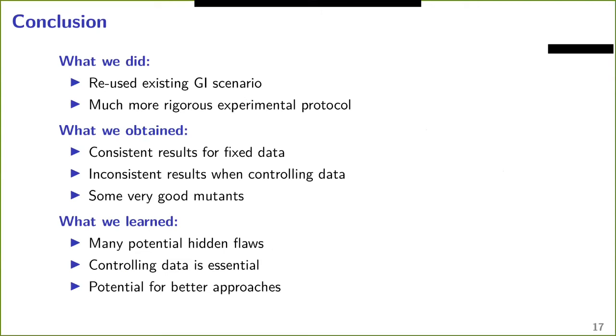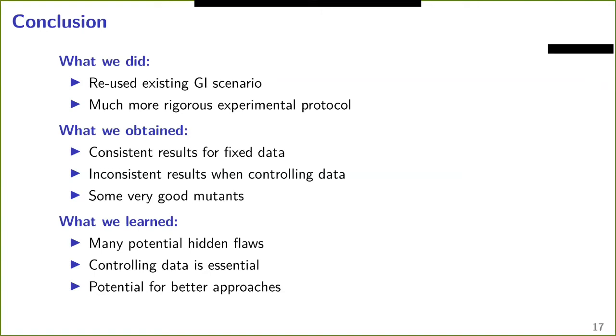We obtained very consistent results for fixed data, but these results were inconsistent when we tried to control which instances were used for training, validation, and test. However, in all cases, we still obtain very good mutants.